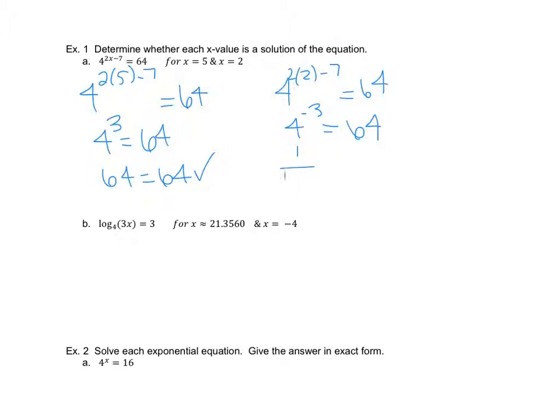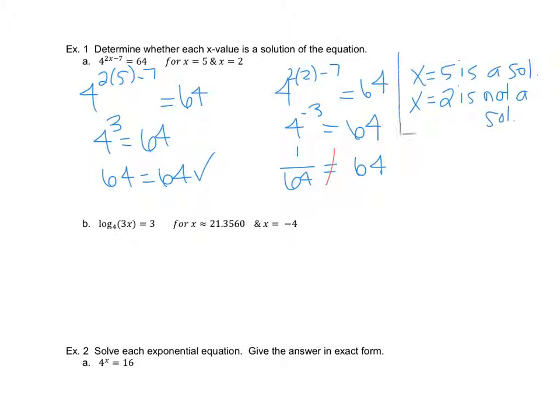So we have 1/64 equals 64, and that is not a true statement. So what I'm going to say, and what I expect you to do on your homework, is to say x equals 5 is a solution. x equals 2 is not a solution.